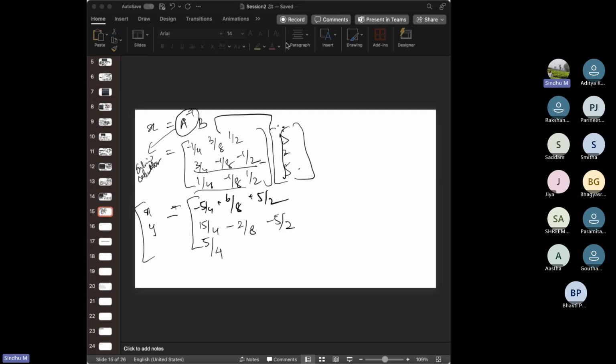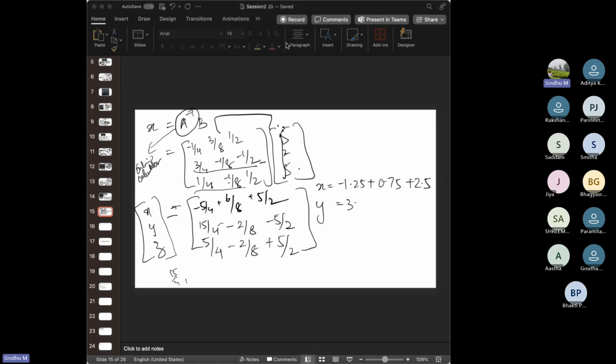Y value will be 15 by 4 is 3.75 minus 0.25. So this will be 1 by 4, so 0.25, and minus 5 by 2 is 2.5, sorry. And Z will be 5 by 4, which is 1.25, minus again 2 by 8 will be 0.25, 5 by 2 will be 2.5.